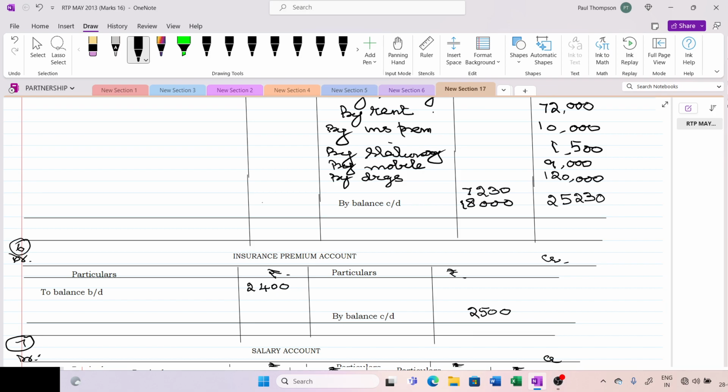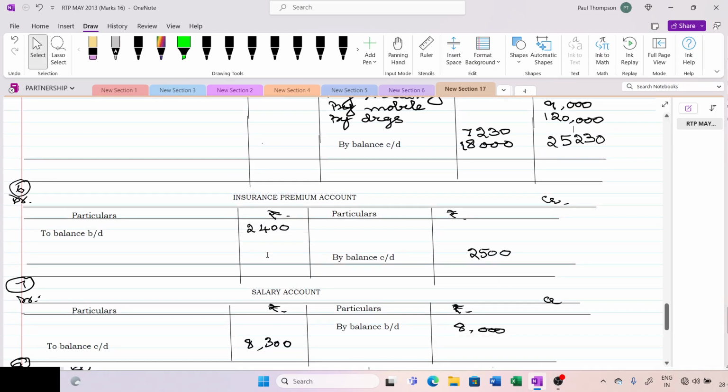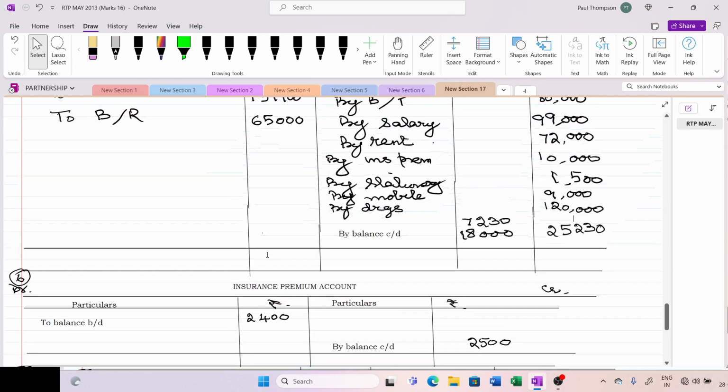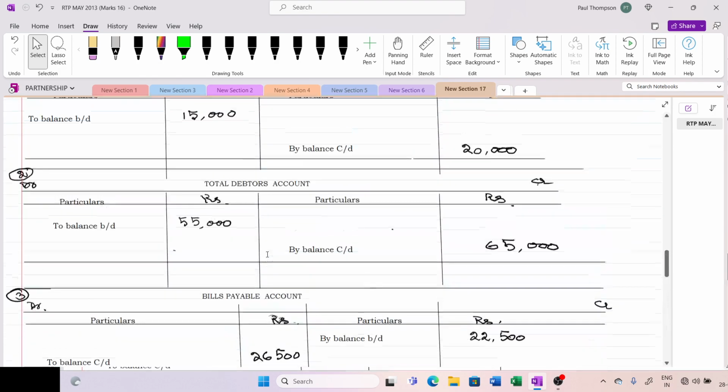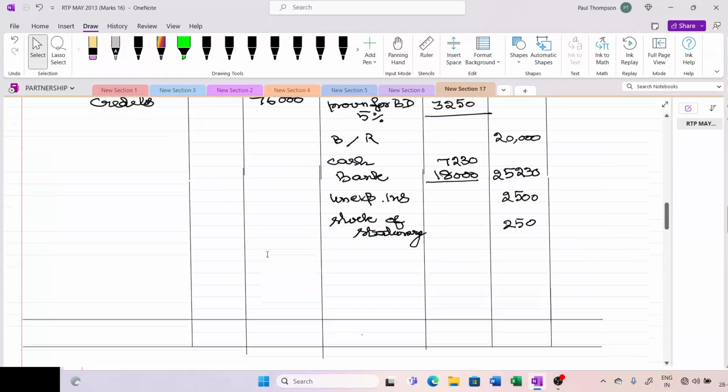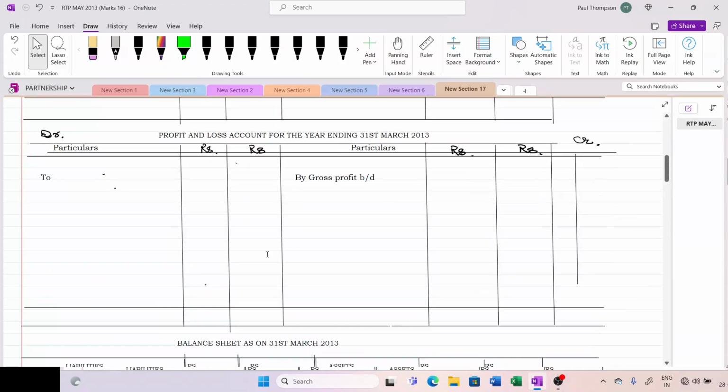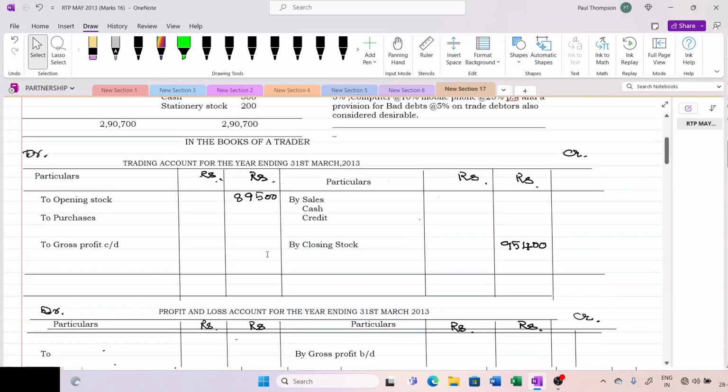So we have written everything here. Now let us post all these things into the concerned accounts. So now we will go to the first item. We will go to cash sale, to the trading account. Cash sale is 509,800.